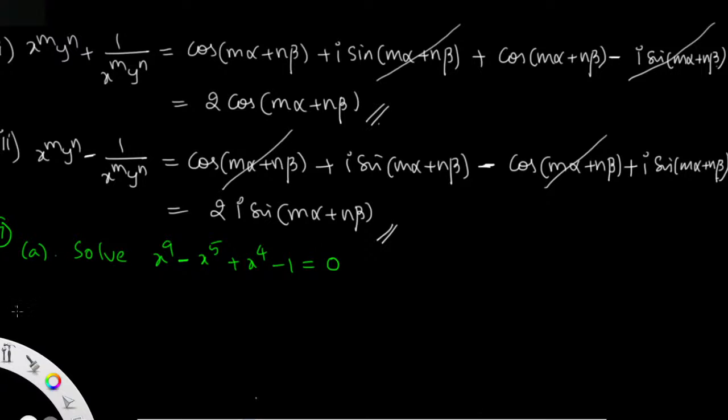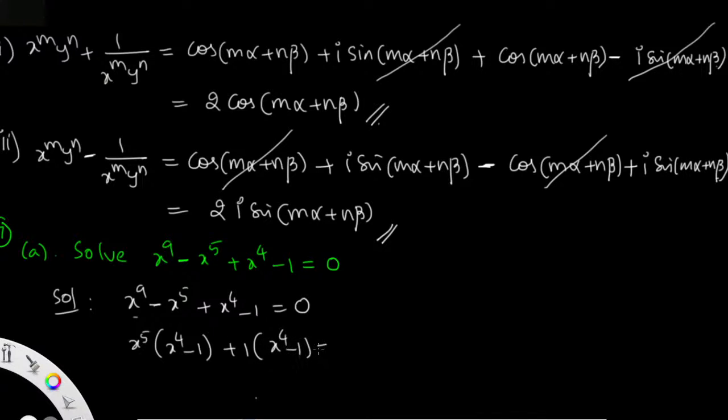So for simplification, the solution is x power 9 minus x power 5 plus x power 4 minus 1 equal to 0. From these two terms, x power 5 is common. Then you write x power 4 minus 1. Here x power 4 minus 1 equal to 0.